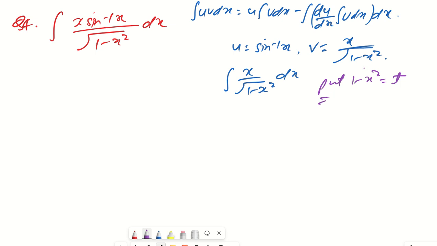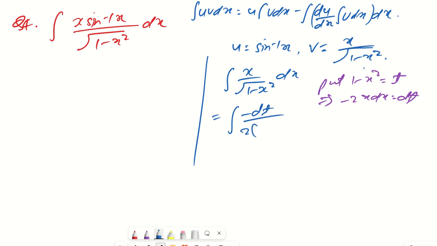Then we can take it as minus 2x dx is equal to dt. So from this our integration becomes: x dx can be written as minus dt by 2, so minus dt by 2 times square root of t, right? Because root under 1 minus x square can be written as square root of t.